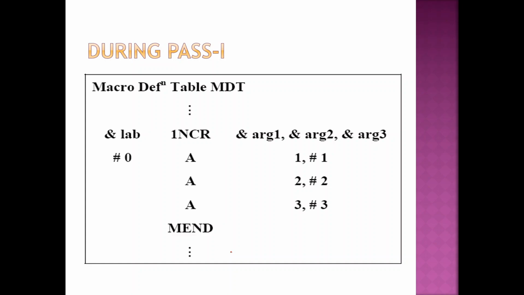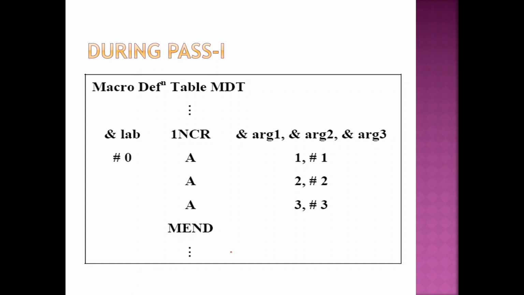In order to avoid confusion between the actual arguments and the dummy arguments, the arguments are given a tag. So hash 1 means the first argument, hash 2 is the second argument. Say, for example, your actual parameter is ABCD and your dummy parameter is XYZ. You would have to say A is equal to X and so on. Instead of doing all that, we just name them hash 1, hash 2, hash 3.